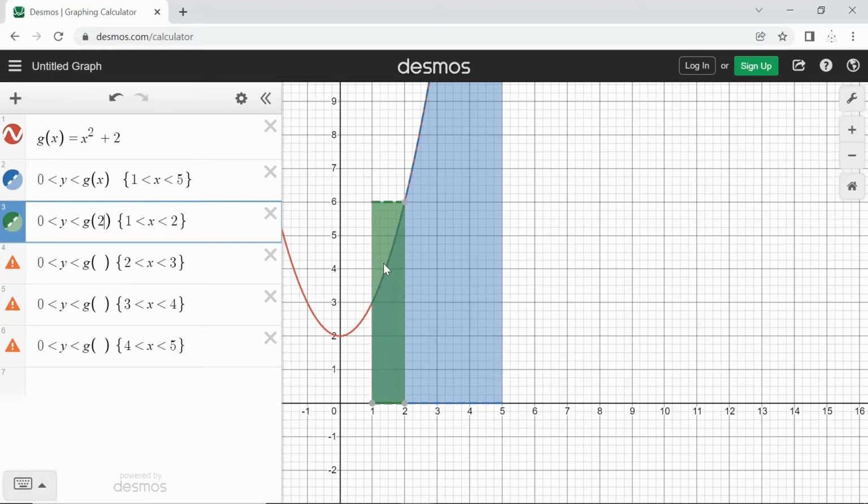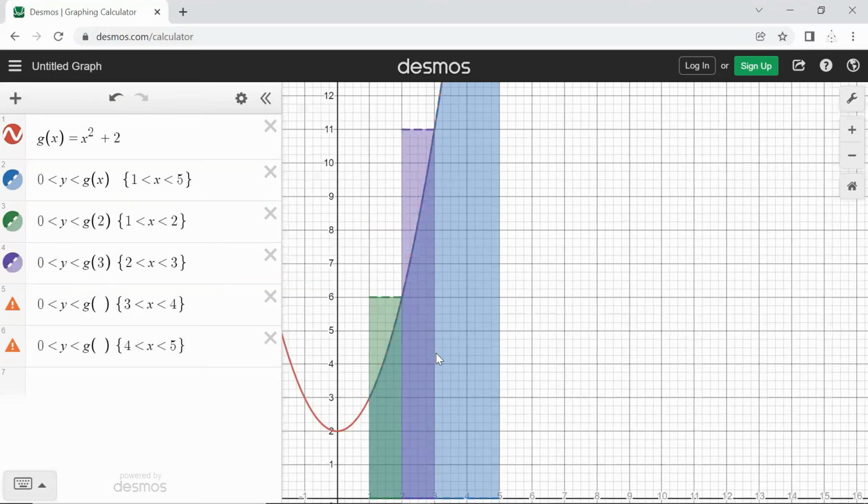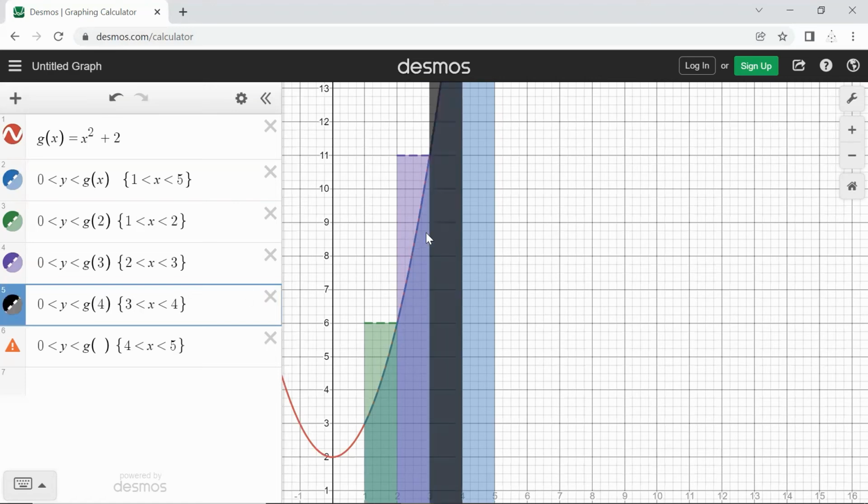Obviously, that rectangle is going to be an overestimate of the area under the curve. We do the same thing with 3 on our next interval. Again, we have an overestimate of the area under our curve.